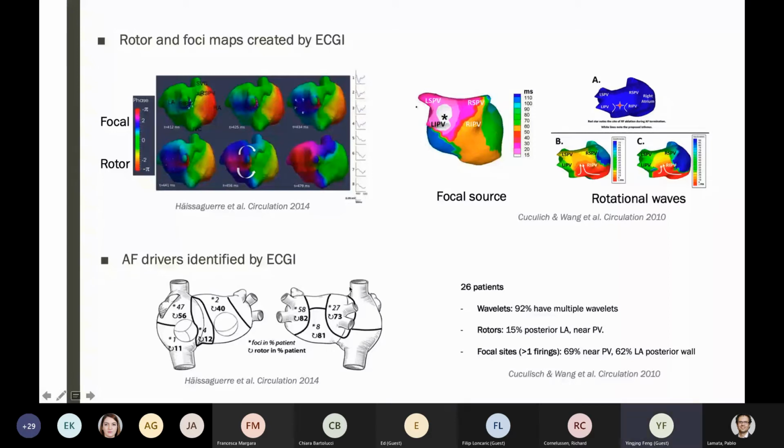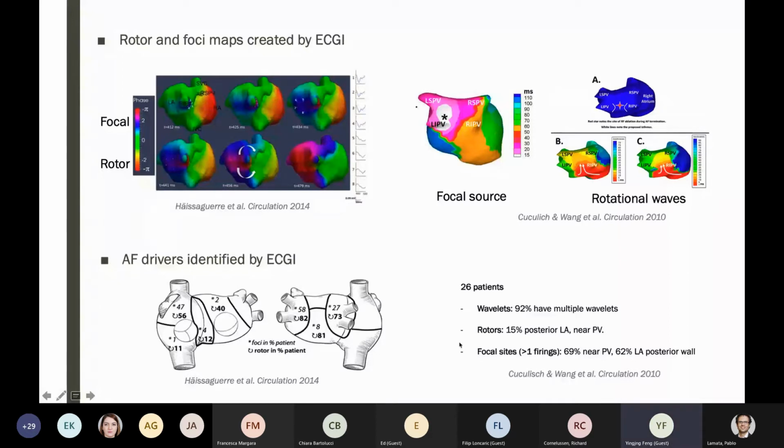With this ECGI technology, people found that actually there are more drivers apart from the PV ectopic beats, that they have rotors and foci, which means foci can also be outside of the PV.